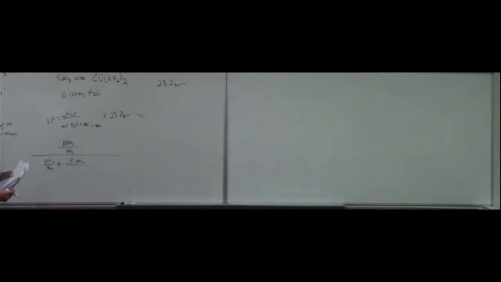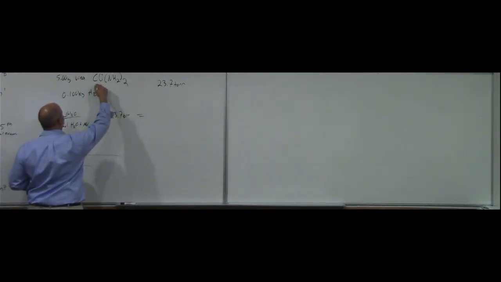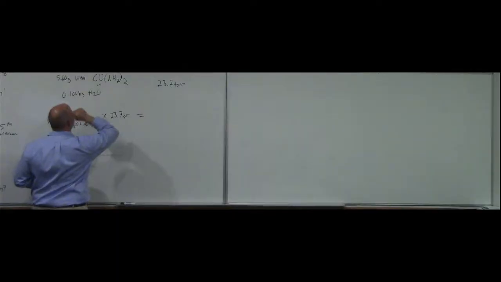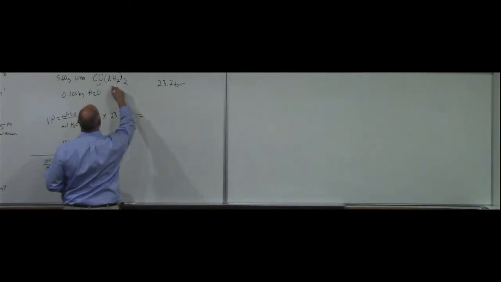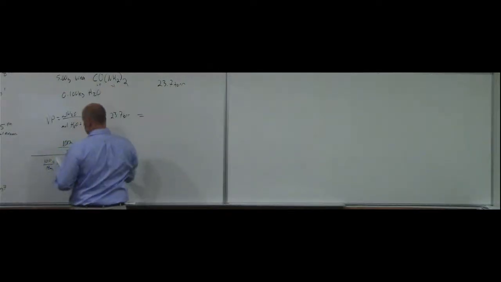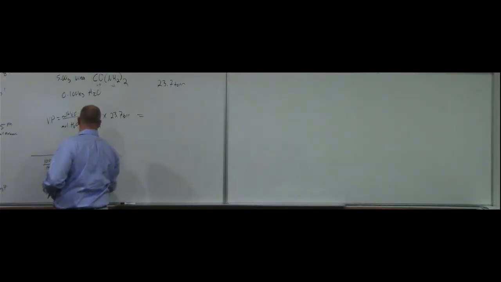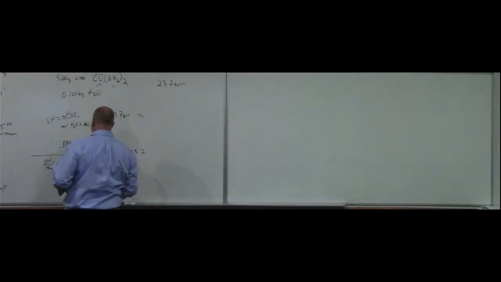We've got 12 and 16, which gives me 28, right? And this is 14, 15, 16 times 2 is 32, so that should give me 60. And then this whole thing times 23.7.